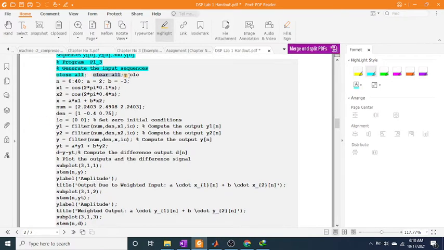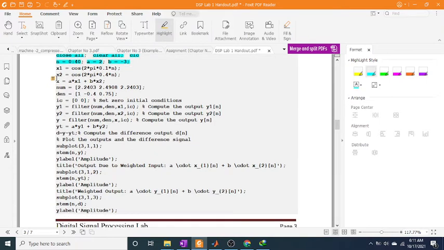Close all, clear all, clc. n = 0:40; a = 2; b = -3. x1 = cos(2*pi*0.1*n); x2 = cos(2*pi*0.4*n); x = a*x1 + b*x2. num = [2.2403 2.4908 2.2403]; den = [1 -0.4 0.75]; ic = [0 0], set zero initial conditions.